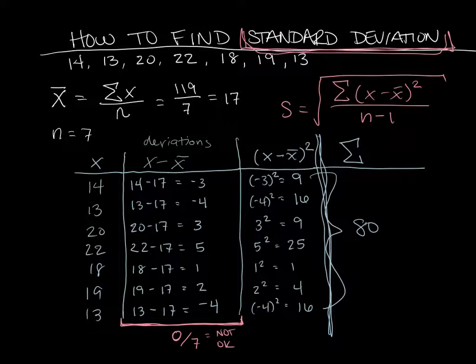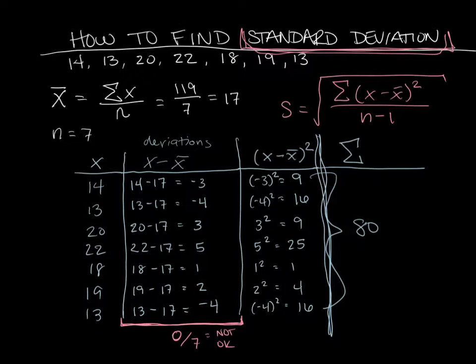Now I need to divide by how many there are. Now, because we are dealing with a sample size, we are going to have to do our sample size minus 1. And the reason that we're going to do our sample size minus 1 can be complicated.